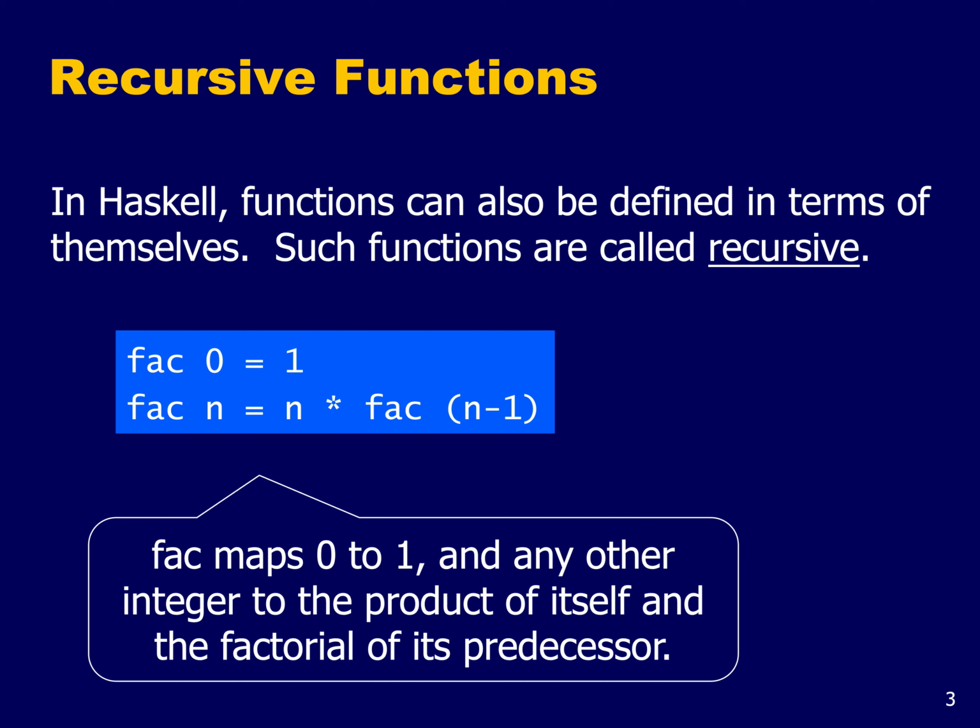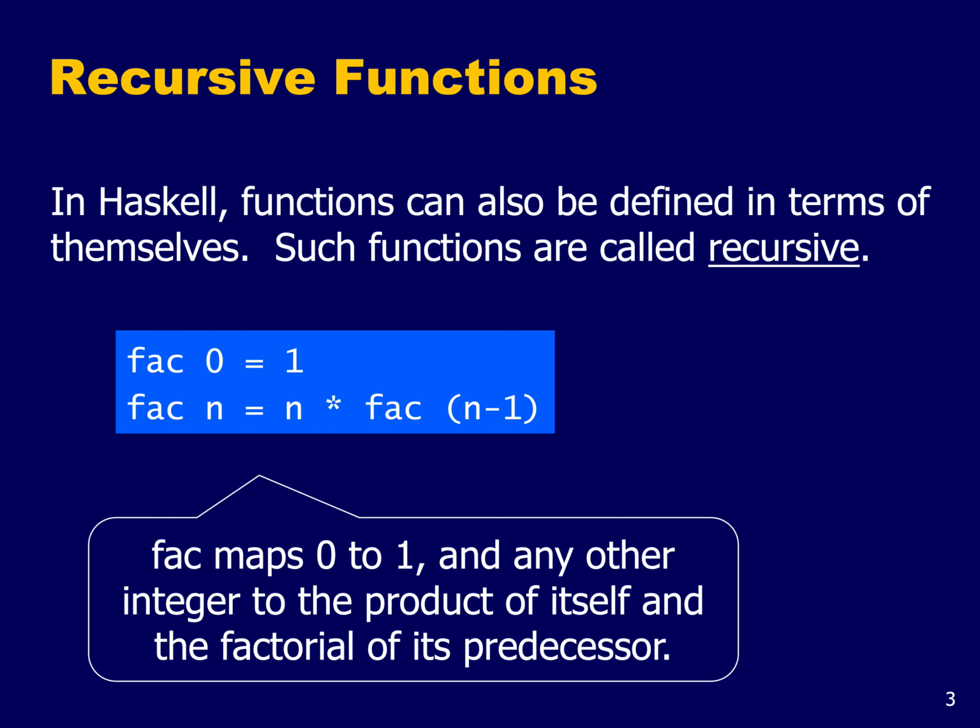So let's have a look at the two cases. The base case, the first equation, simply says the factorial of 0 is 1. The second case says the factorial of any other positive number n is going to be n times the factorial of its predecessor. So if you apply this function to a number like 5, it's going to say the factorial of 5 is 5 times the factorial of its predecessor, which is 4.